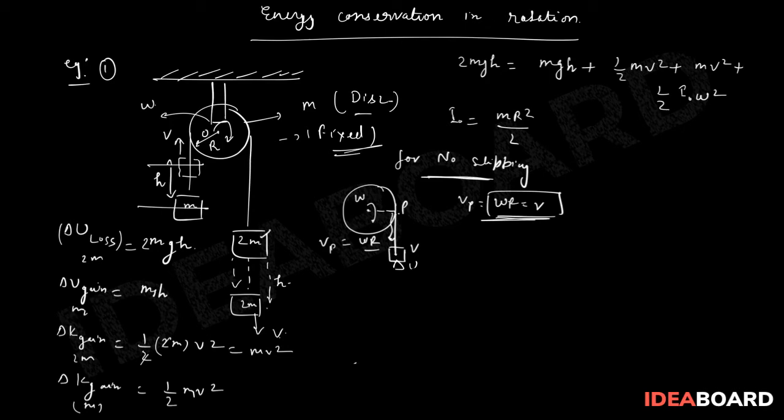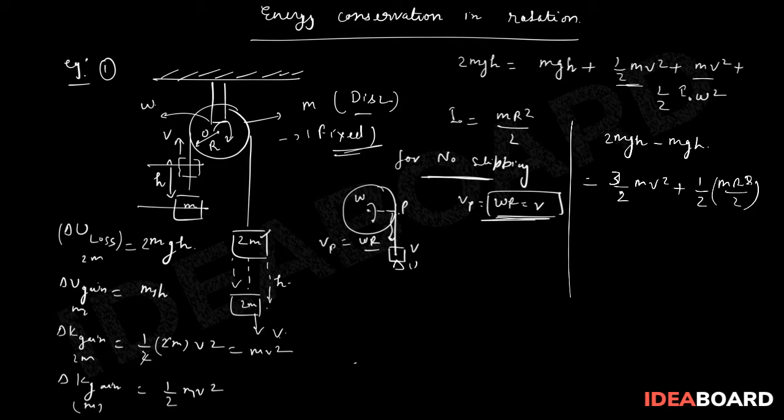So finally this is 2mgh, so 2mgh we can take that side, equal to half mv square plus mv square, so this will be 3 by 2 mv square plus half m r square by 2 into omega square. Correct? This can be written as 3 by 2 mv square plus 1 upon 4 m omega r whole square.